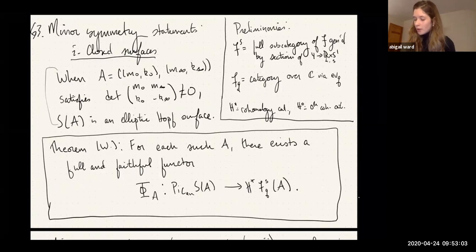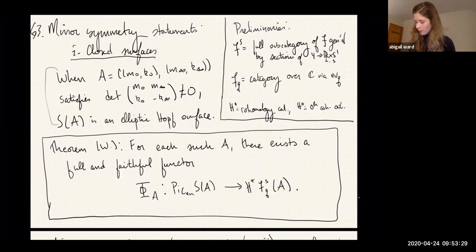Whether or not you get an algebraic surface when you do these log transforms is determined by whether the two parameters are collinear once you swap a sign. If the determinant of this matrix is not equal to 0, then your surface is an elliptic Hopf surface, sorry.